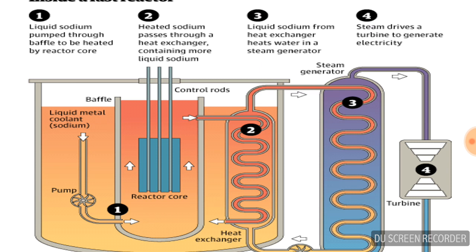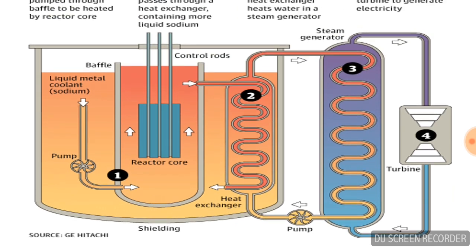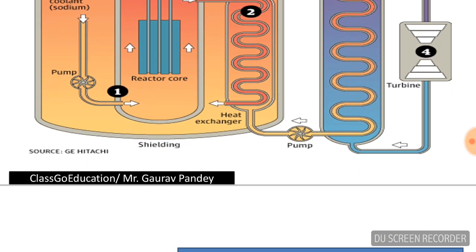In the third step there is another loop, where the liquid sodium from the heat exchanger heats water in a steam generator, and this steam drives the turbine alternator set and produces electricity. So this is all about the fast breeder reactor.